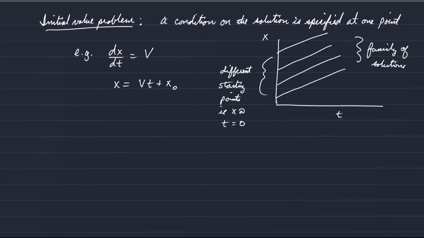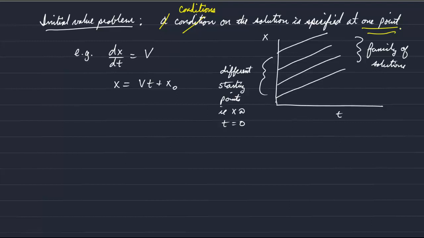And I'm just now recognizing it's not only one condition; it could be multiple conditions. So in general, there are one or more conditions that need to be specified at one point. The key is one point.